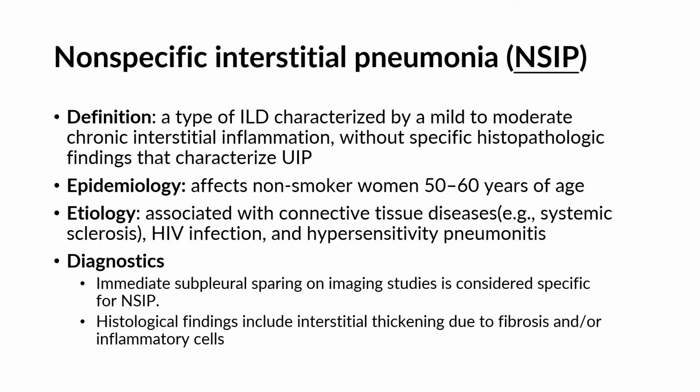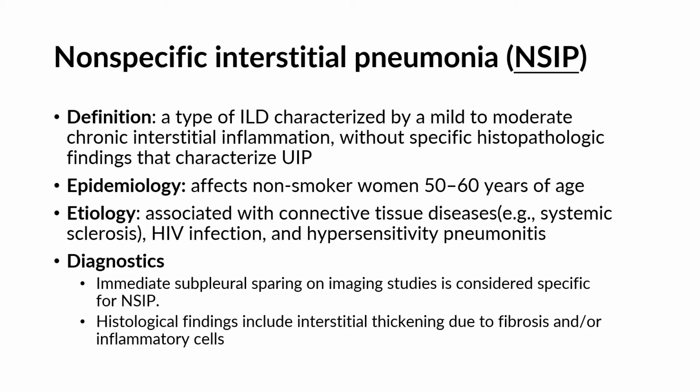Non-specific interstitial pneumonia, NSIP. This is a type of ILD characterized by mild to moderate chronic interstitial inflammation without specific histopathologic findings that characterize UIP, usual interstitial pneumonia. Affects non-smoker women from 50 to 60 years of age, associated with connective tissue diseases, for example, systemic sclerosis, HIV infection, and hypersensitivity pneumonitis.